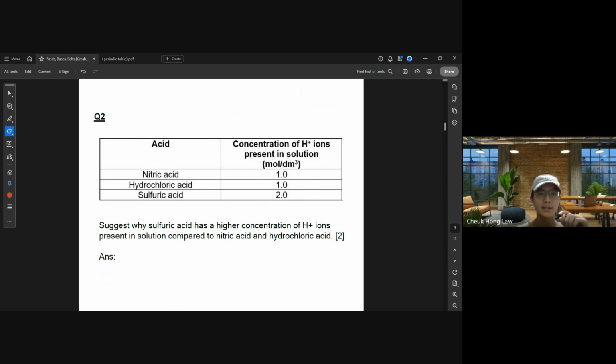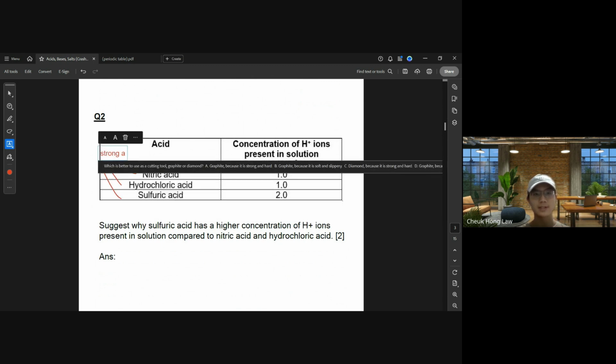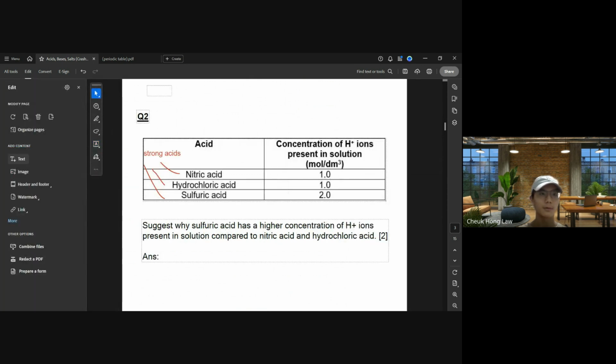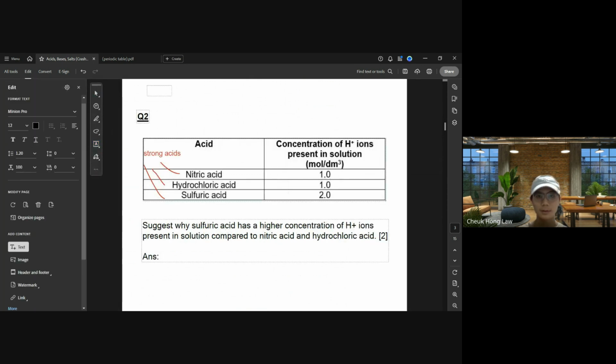If you remember what I said, all three of these are actually strong acids. So what could make sulfuric acid have double the concentration? It's actually the formula of the compound. Nitric acid is HNO3.